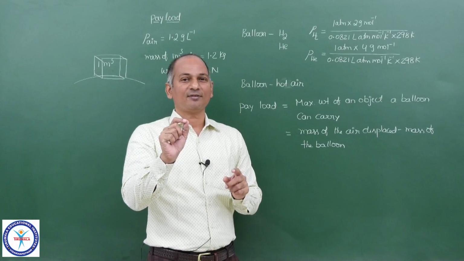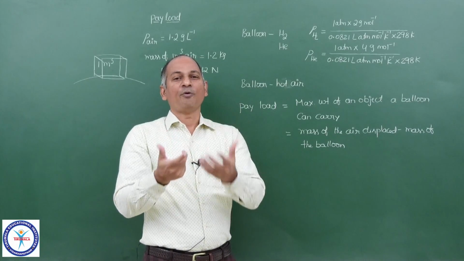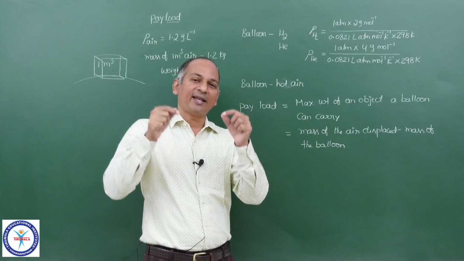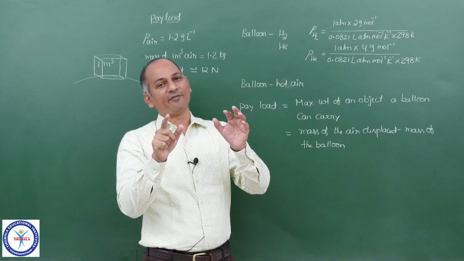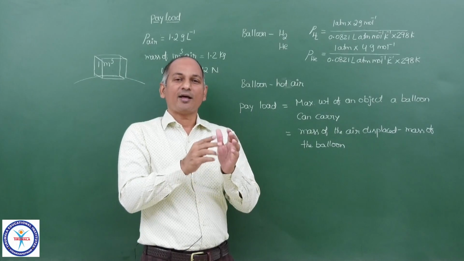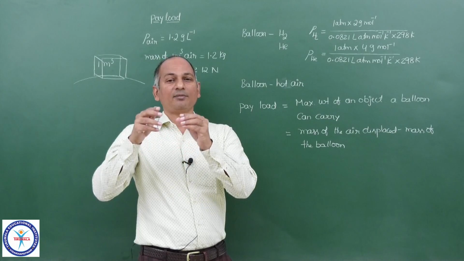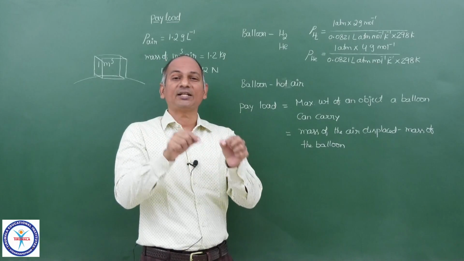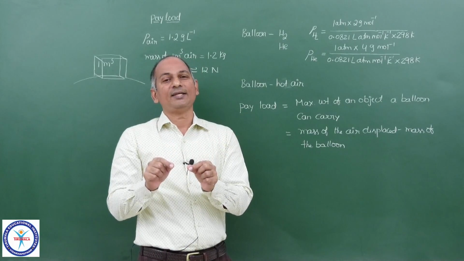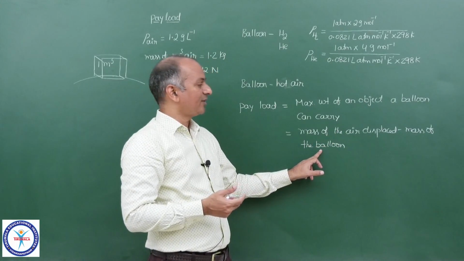Still there is a lift, so the balloon rises carrying this weight along. Now you attach 8.9 kg to that, the total weight will be 9.9 kg, still there is a lift. So like that the maximum weight of the object that balloon can carry along is 9 kg. So mass of the air displaced minus mass of the balloon.